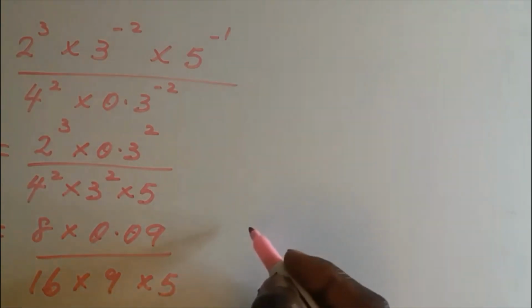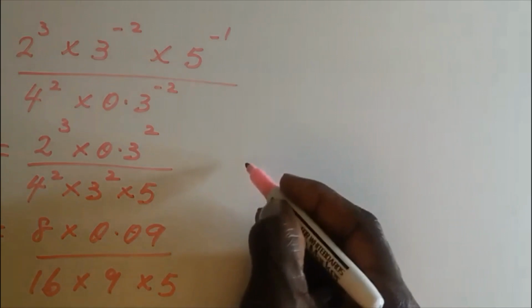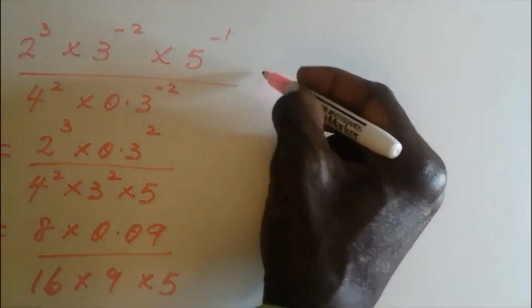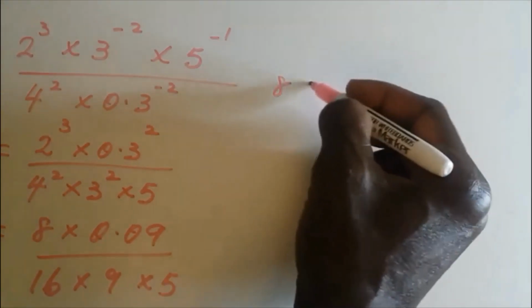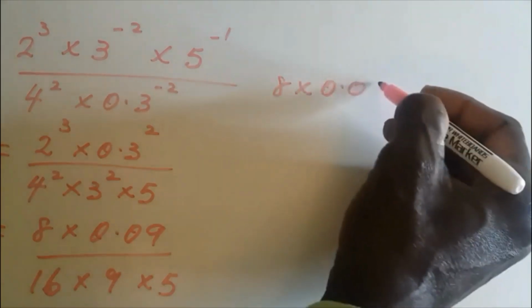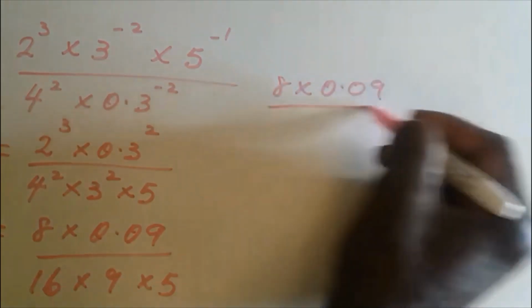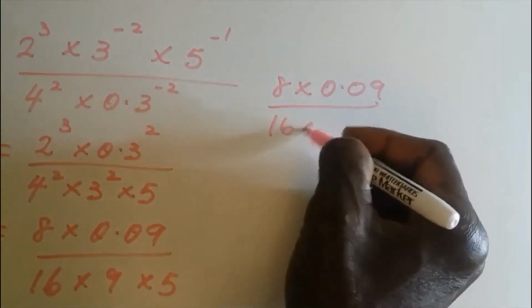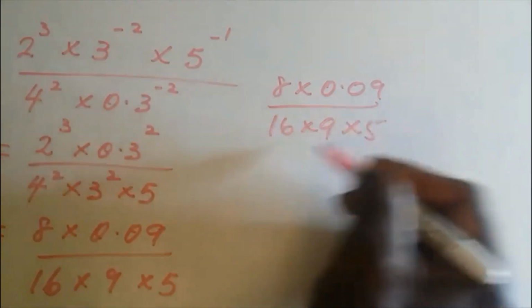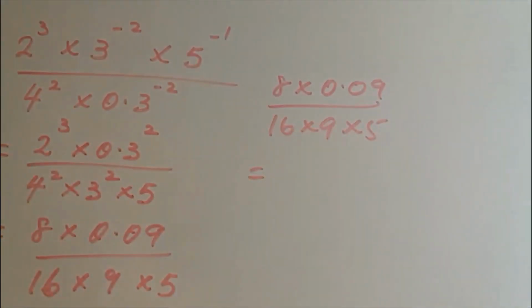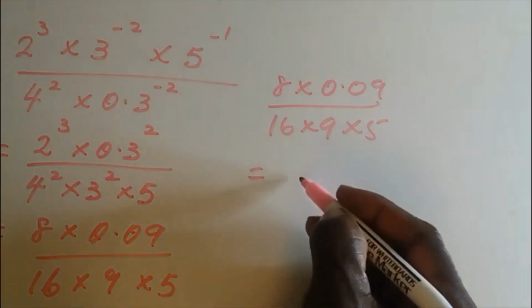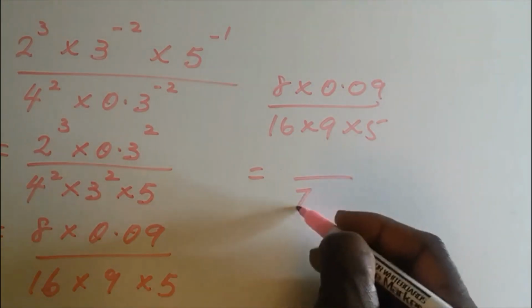Now let's rewrite that here. We have 8 in the numerator, 0.09 over 16 times 9 times 5. Now 16 fives are 80, 80 times 9, we have 720 in the denominator.